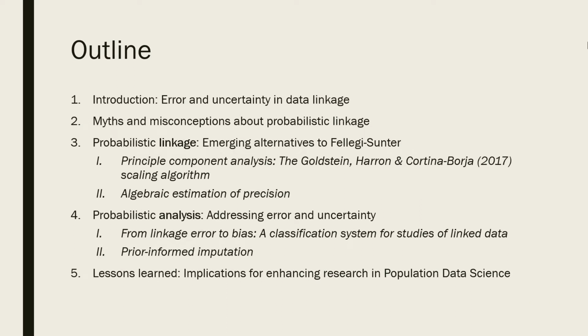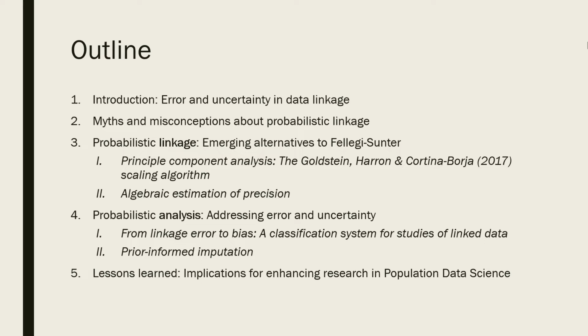Hello. Thank you for that introduction, Anne. So we're going to start off today by introducing some basic concepts in record linkage and talking about what probabilistic linkage is and what it isn't with respect to its main alternative, deterministic linkage. We're going to look at two sides of what are essentially the same coin in linkage.